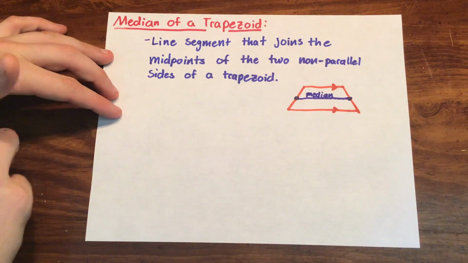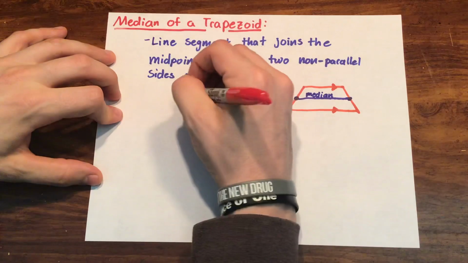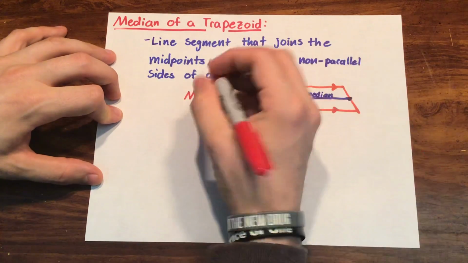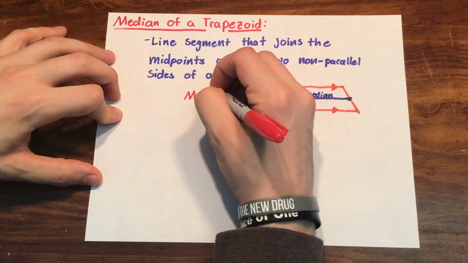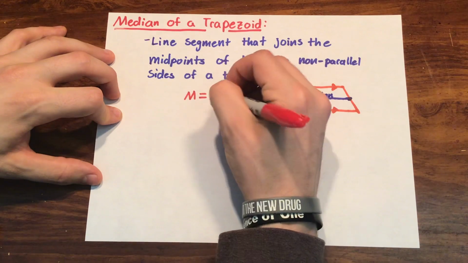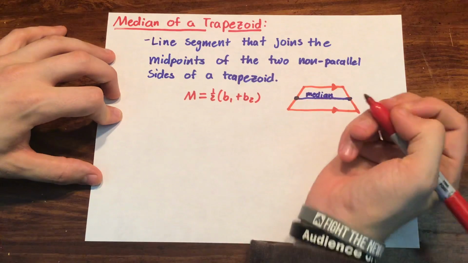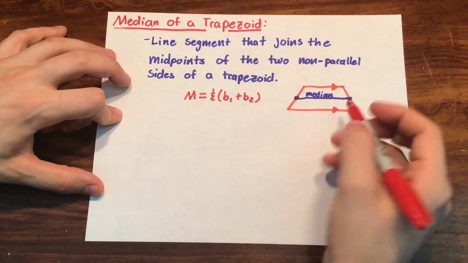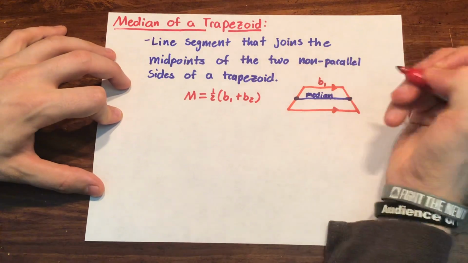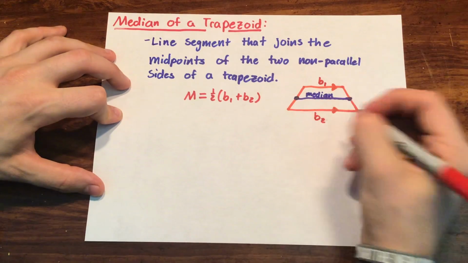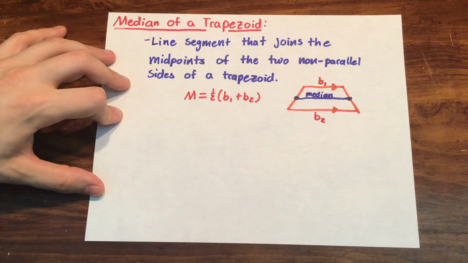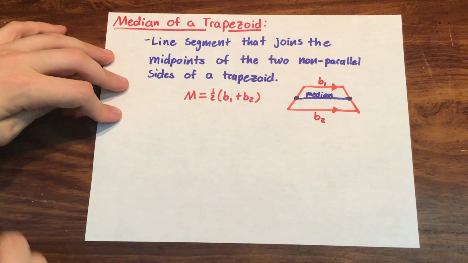Now there's a formula to find the median, and that is capital M for median is equal to 1/2 base 1 plus base 2. And in our trapezoid, we're going to have base 1 and base 2. So, median of a trapezoid.